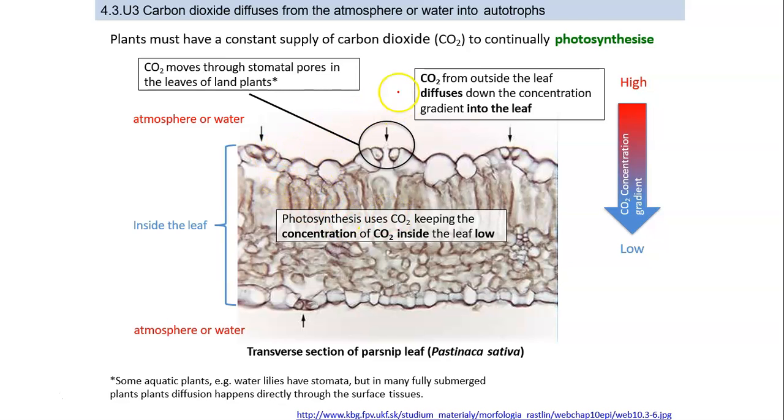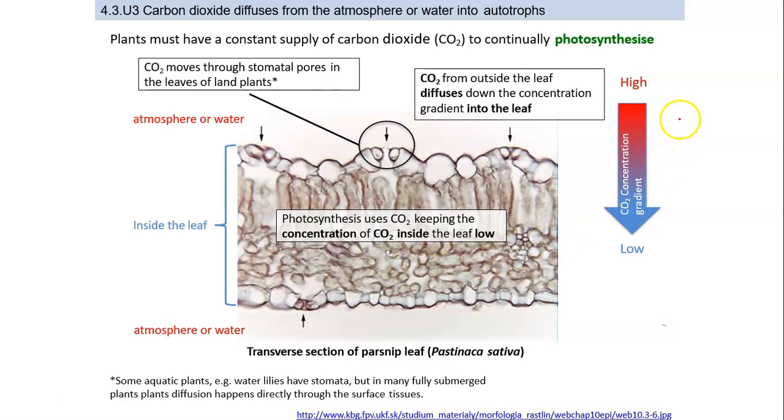Carbon dioxide diffuses from the atmosphere or water into autotrophs. How can this carbon dioxide move? As you can see in this diagram, due to photosynthesis, the concentration of carbon dioxide will always be low inside the autotrophs.